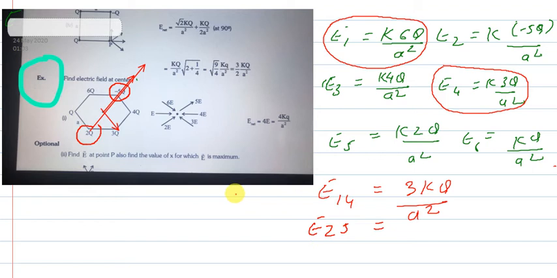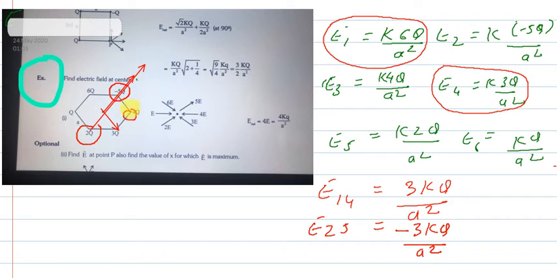The other factors will remain the same. So you will get minus 3kq upon a square.